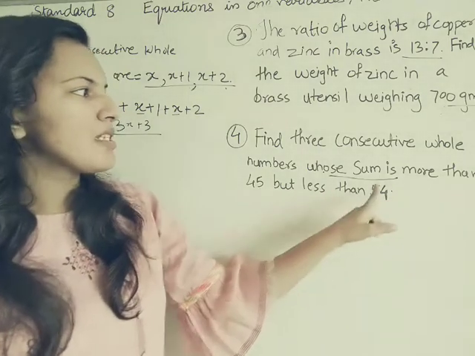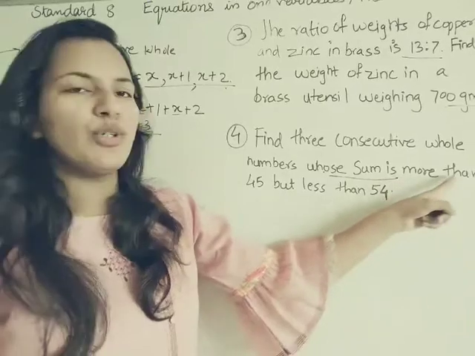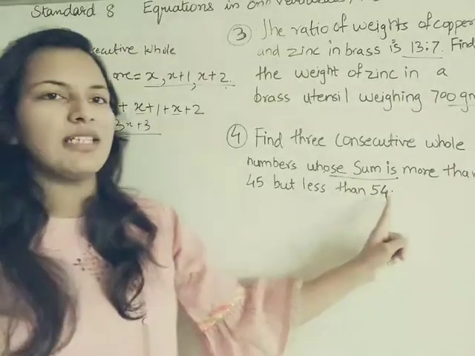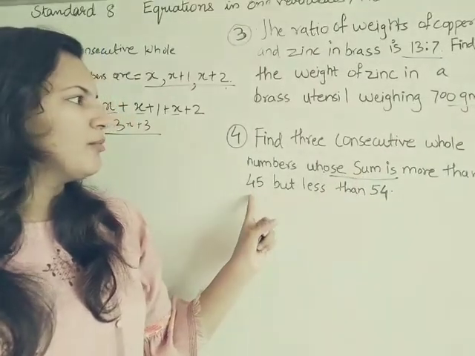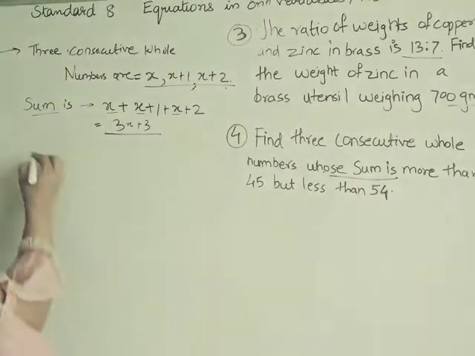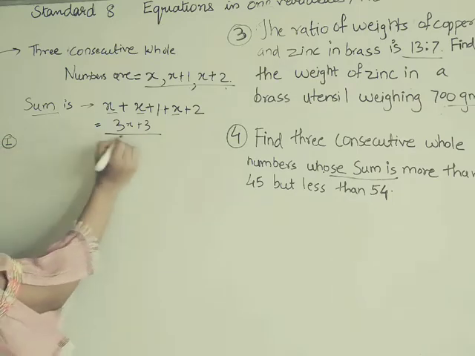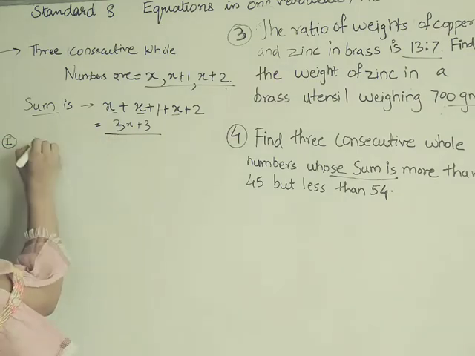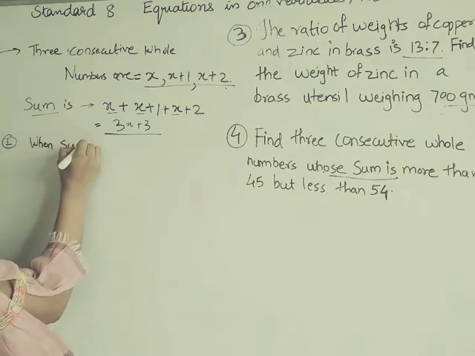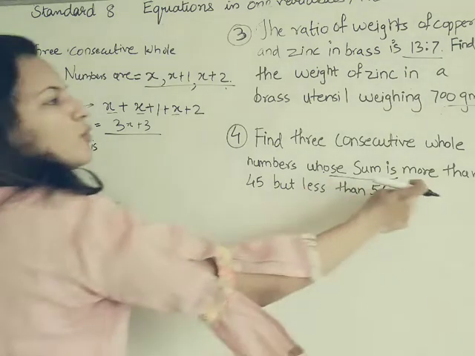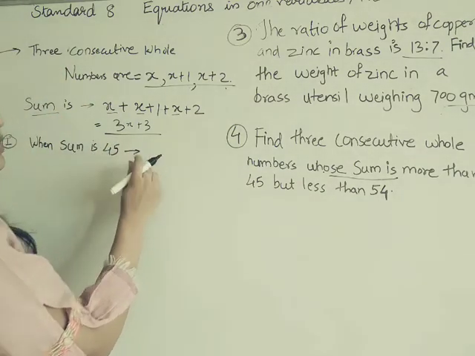Now next, there are two cases given. The sum is more than 45 but less than 54. So let's start with the first case. The sum is more than 45. The sum is 3x plus 3. So what will be the equation?